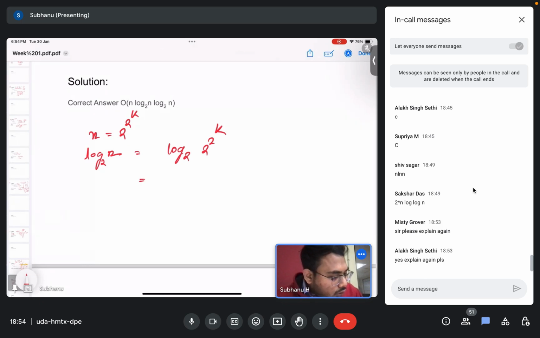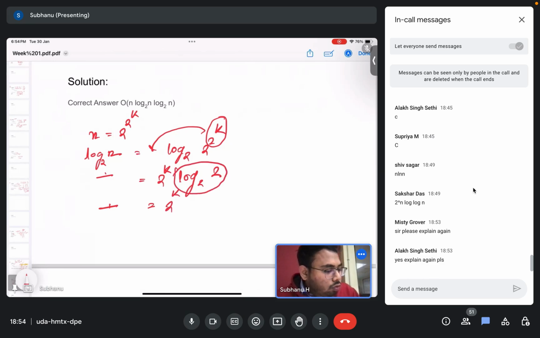This 2 to the power k will come here, log 2, and this log 2 base 2 will become 1. So you will have log n base 2 is equal to 2 to the power k. Is it clear to you now?